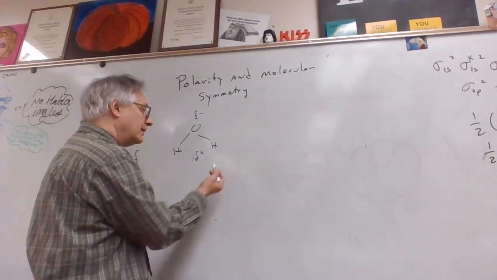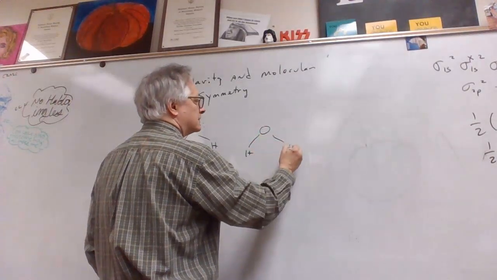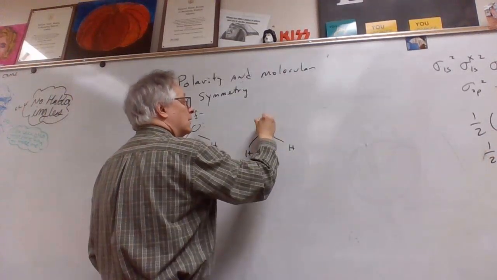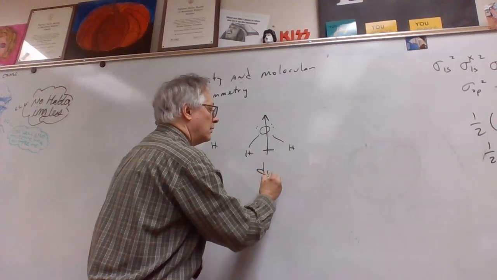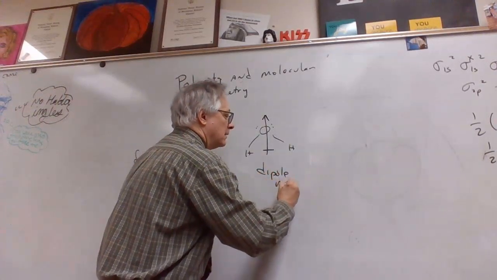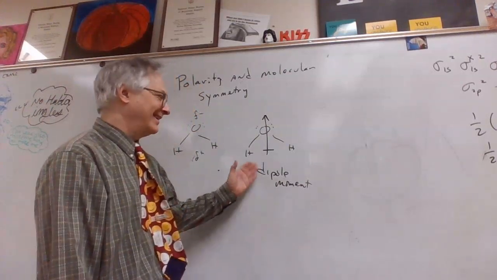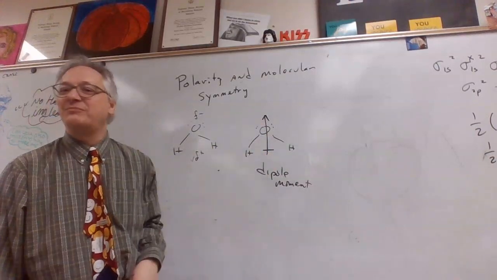And we can also represent it like this. That shows the direction of what's called the dipole moment. That's just a fancy word for saying the positive part's down here, the negative part's up there.